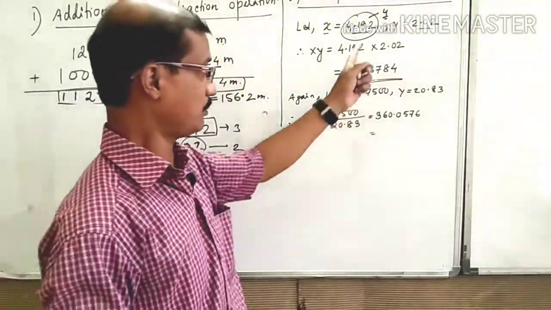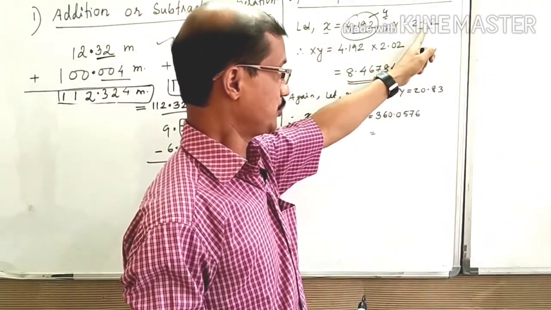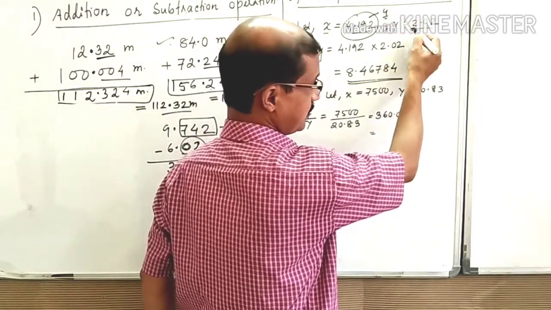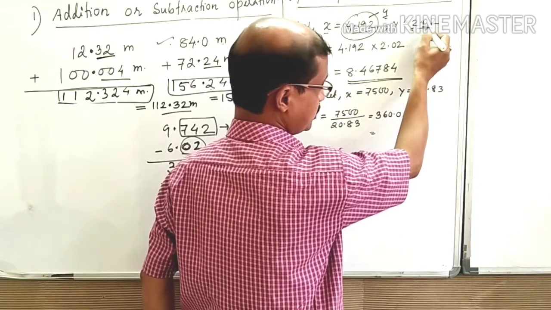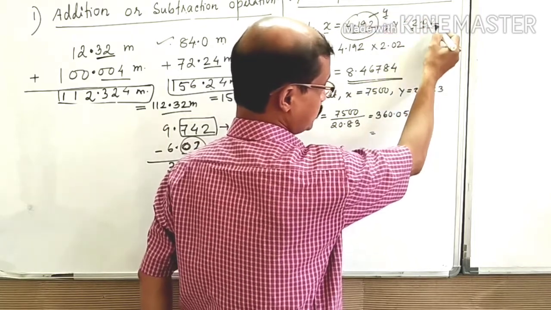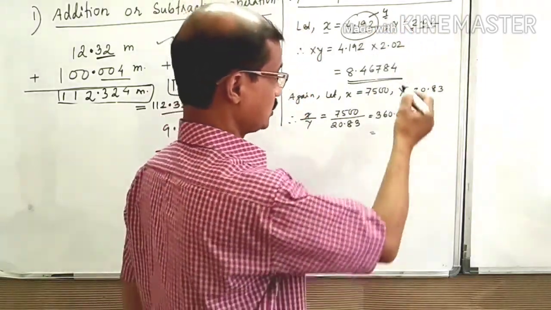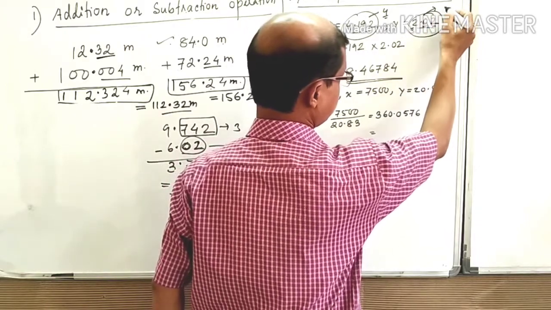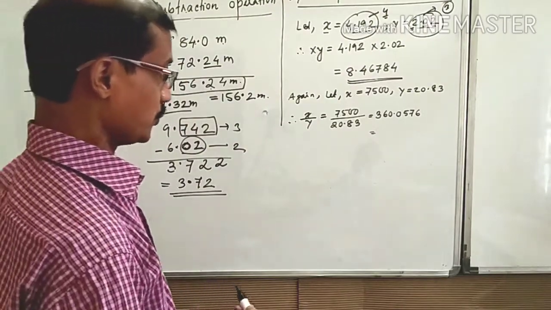In the second number, 2.02, the 2 is non-zero so it is significant, this 0 lies in between 2 non-zero digits so this 0 is also significant, then 2 is also significant. So the total number of significant figures is 3.